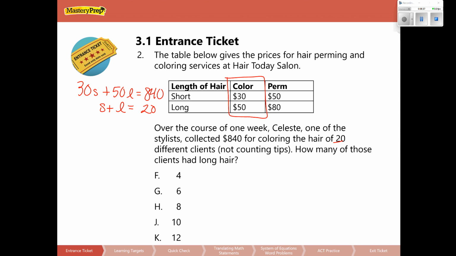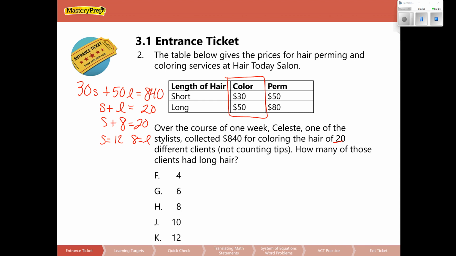Now there's different ways we can go about it. One of them that we can do is say, well, we could start at the middle, say 8. So if we said 8 for long hair came in, how many would it be for short? 12, because for them to be equal to 20, short would have to be 12 if 8 was for long, yes?